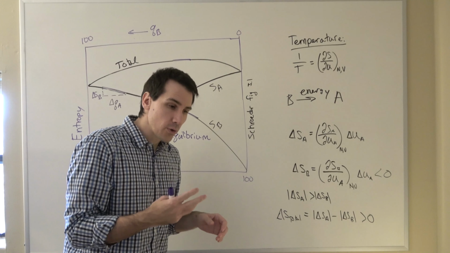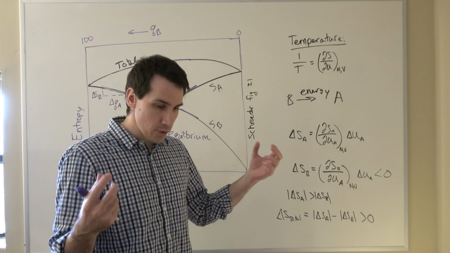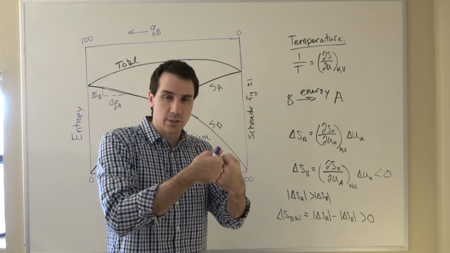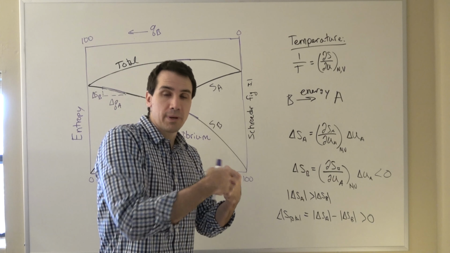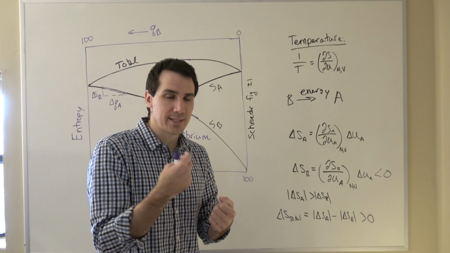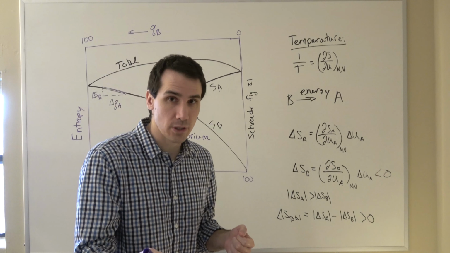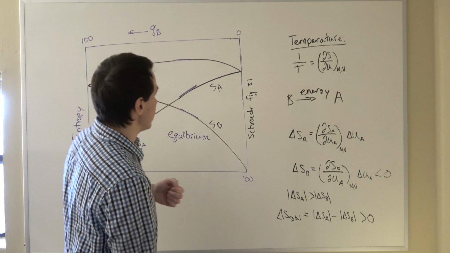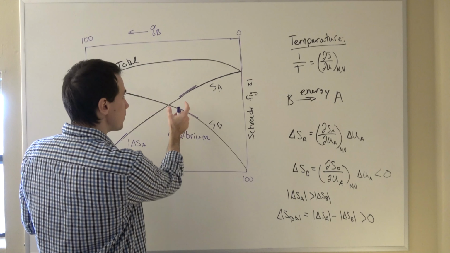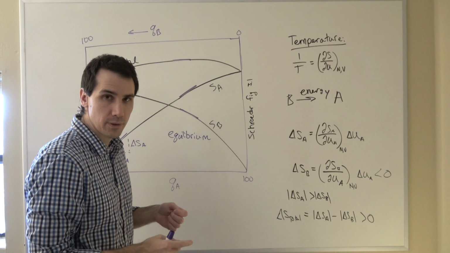Now, we know from experience that if I put two objects together, a hot object and a cold object, energy will pass from the hot object to the cold object until they are the same temperature, which is another hint to us that temperature should be related to this slope.